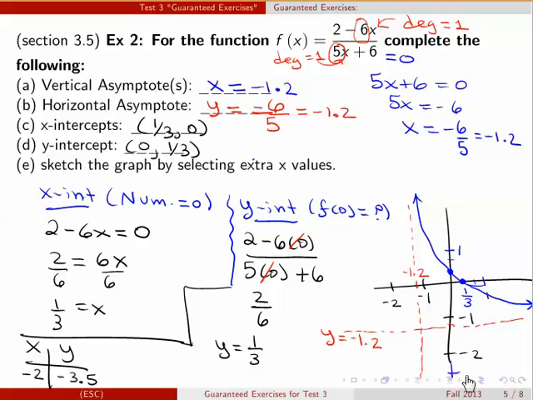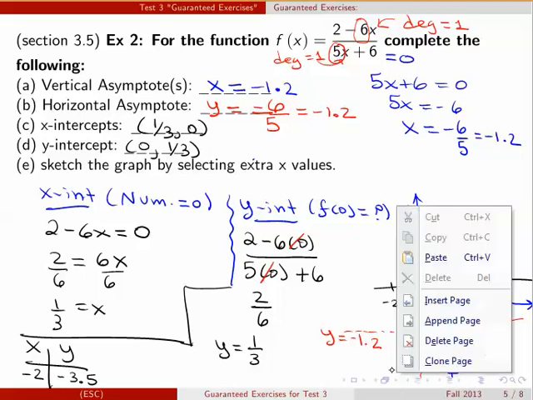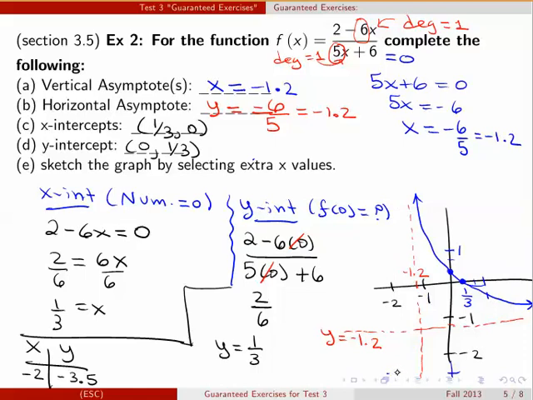Then you just try to remember what happens at the vertical asymptote. So it is approaching this horizontal asymptote, and for this other part it will be going down like this. Okay, so that will be the graph.